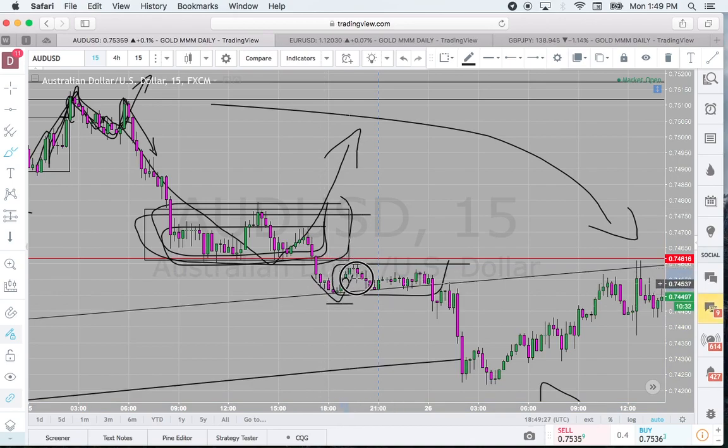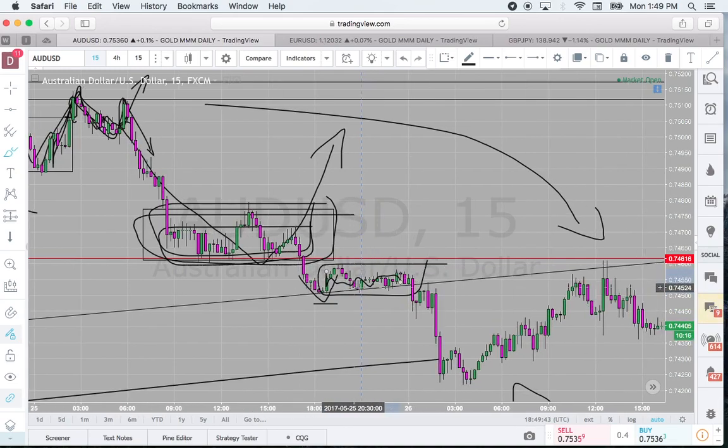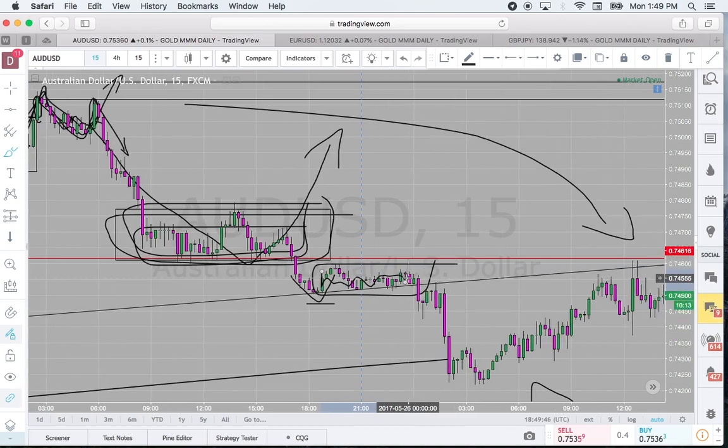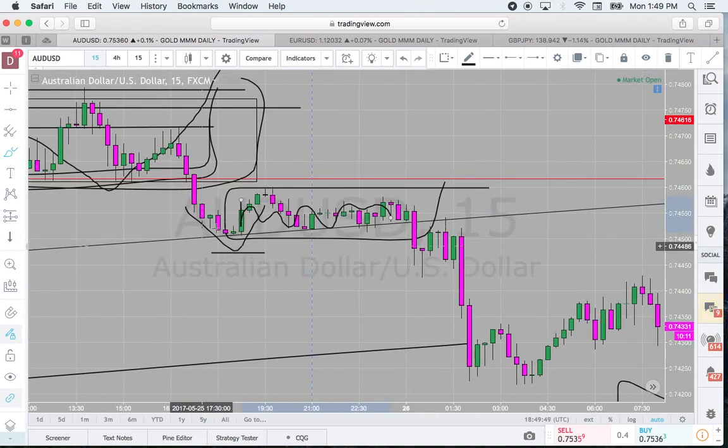What does the dealer do? The dealer consolidates here, giving the retail trader the confidence to build up more positions because it looks like this trend line is now being respected. So the dealer gives the retail trader time to buy here and here and here.